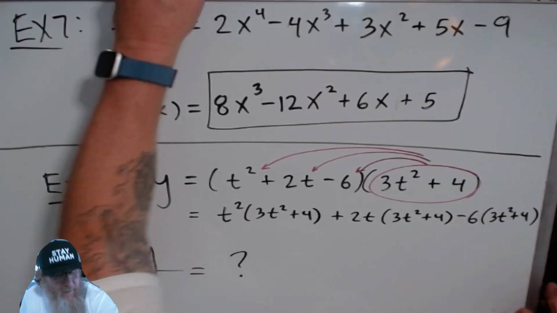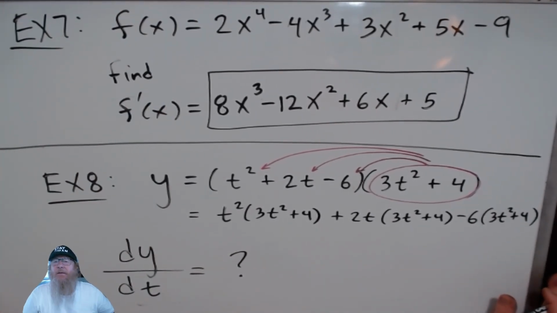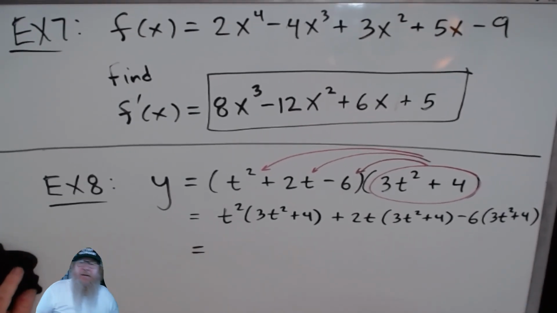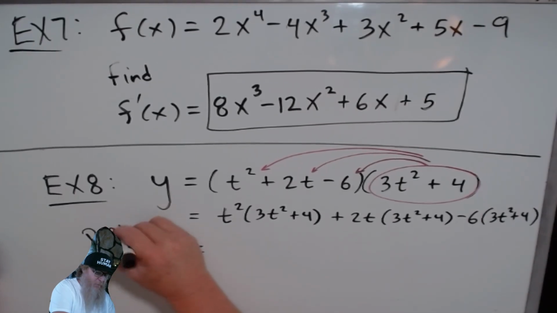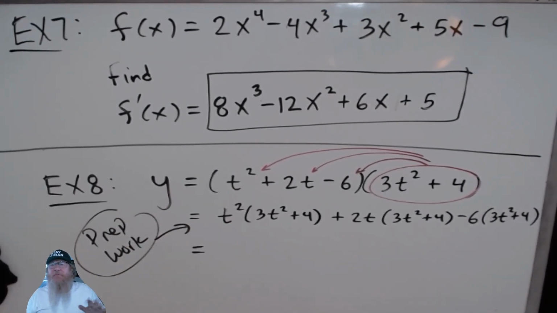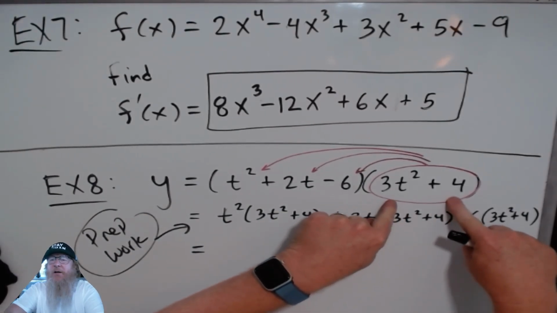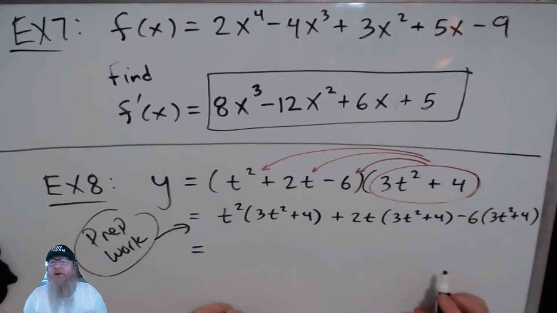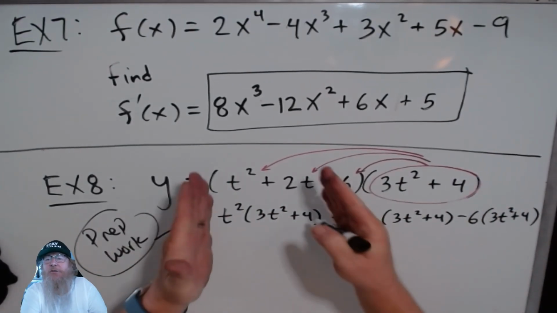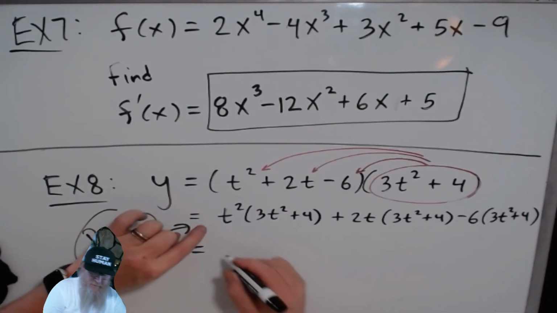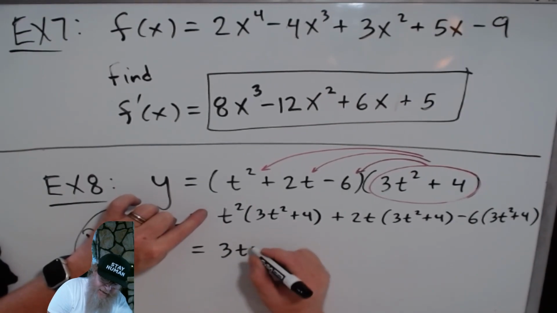Okay. I'll do the derivative in a second. So this is some sort of prep work. Got a lot of prep work before I could do the derivative. So I take the smaller expression, the one that only has 2 terms, and I distribute it into the larger one. If you choose, you can go the other way as well. It'll all work out the same. I go this way just out of habit.